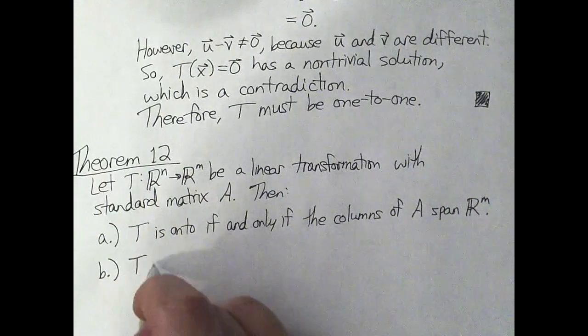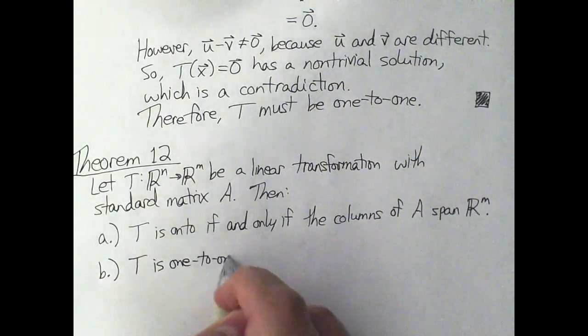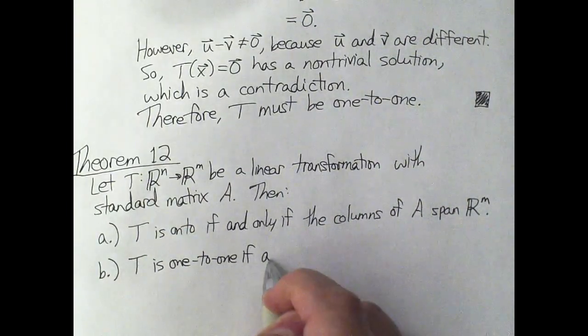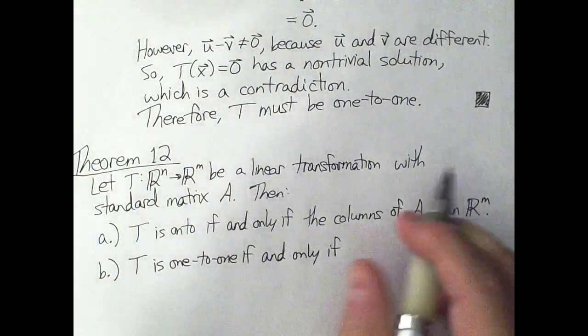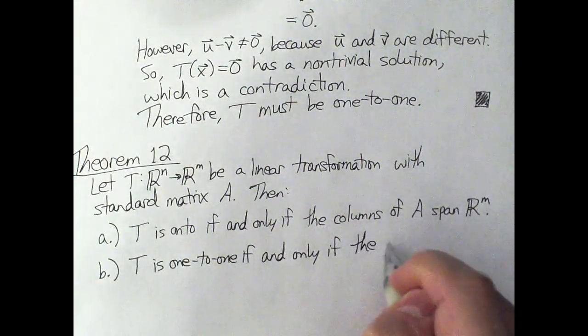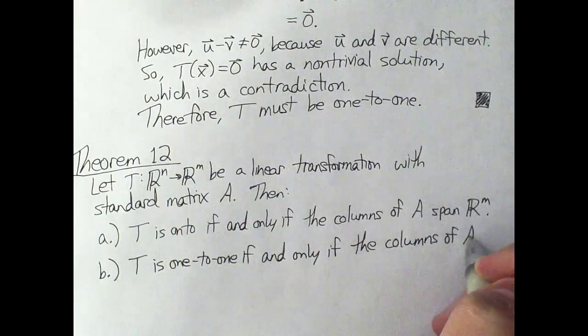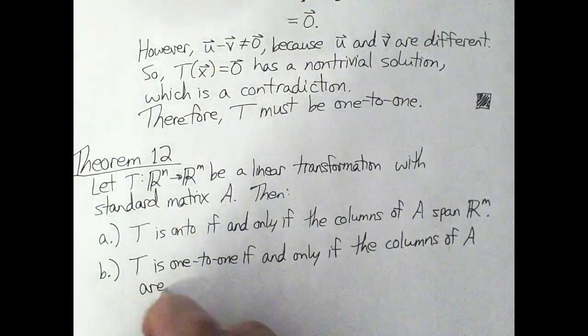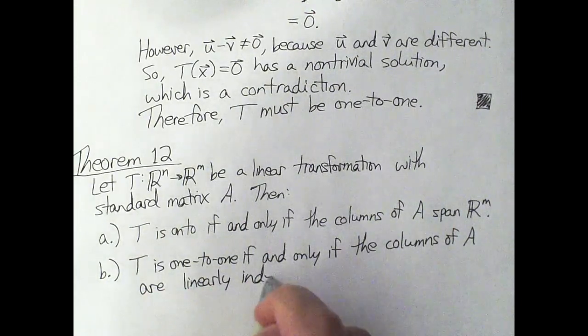Part B. T is 1-to-1 if and only if the columns of A are linearly independent. Look at that.